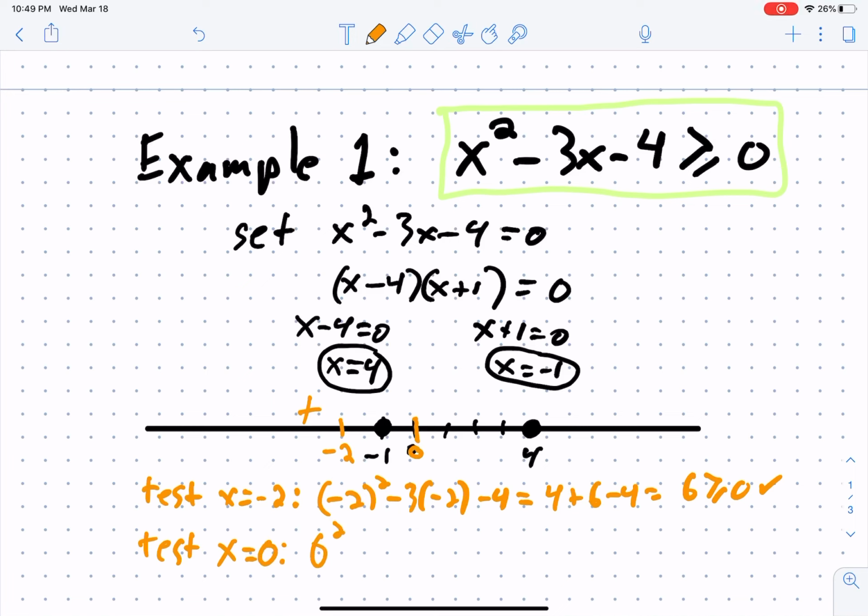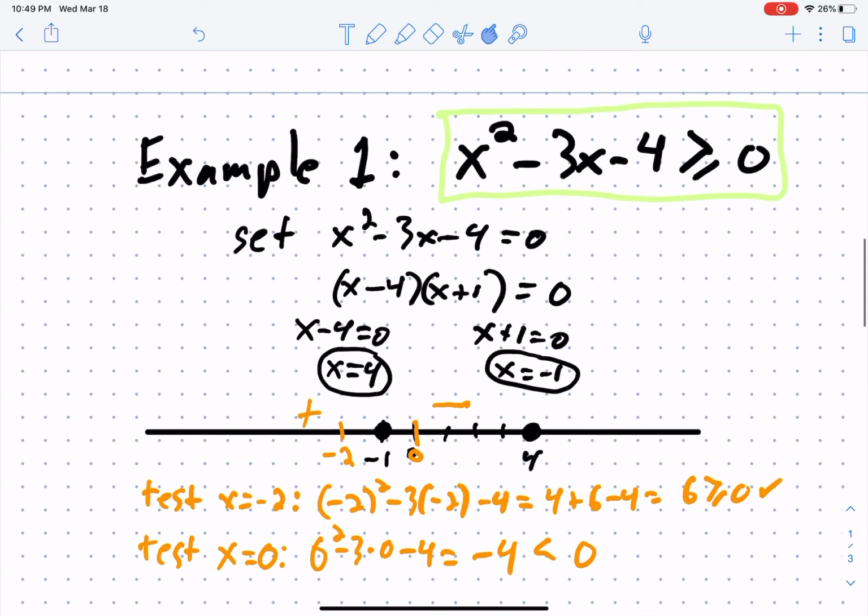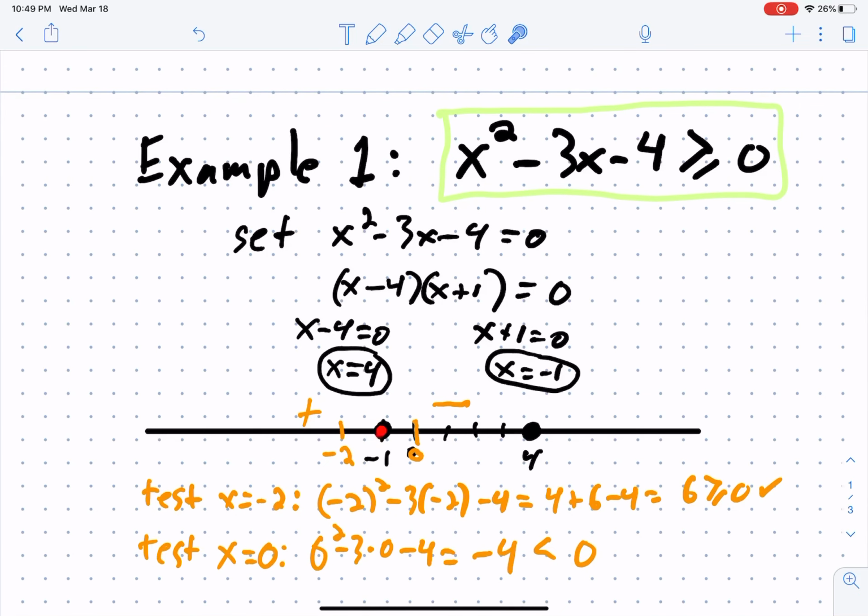For x equals 0, we have 0 squared minus 3 times 0 minus 4. The whole thing is -4, and that's negative. So that says that this function is negative in this middle interval from -1 up to 4. It lies underneath the x-axis there, because at 0 it gives you an answer of -4. It means it must be down below here somewhere.